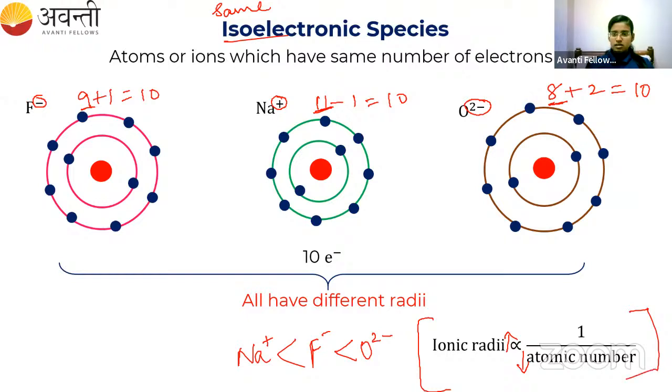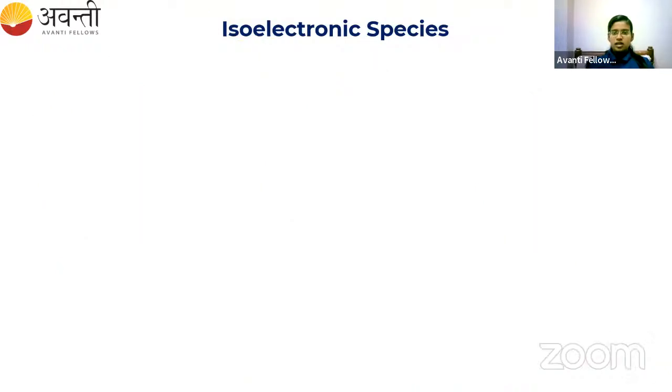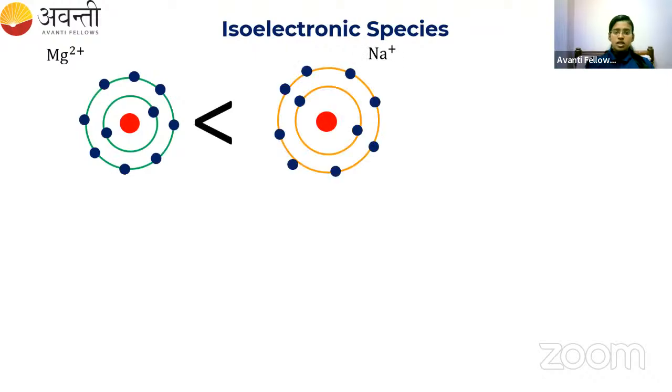Got it? Can you guys find out? You see, it is already given. For magnesium, the atomic number is 12, and if magnesium loses 2 electrons, it will be 10, and sodium 11 minus 1 will be 10. Both of them are isoelectronic, but the atomic number for magnesium is 12 and for sodium is 11.